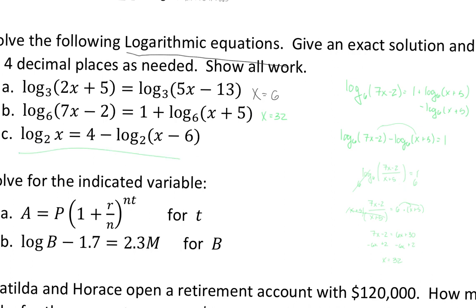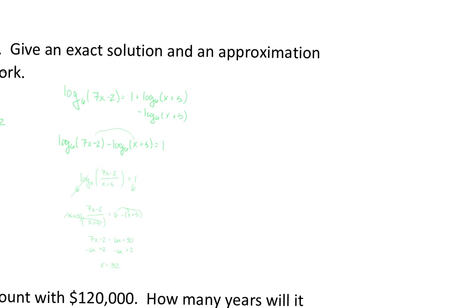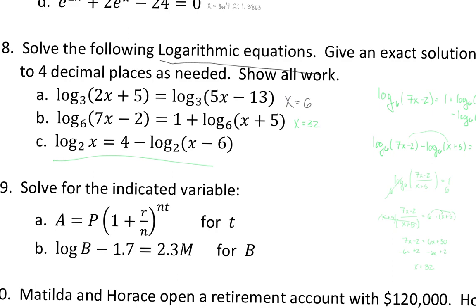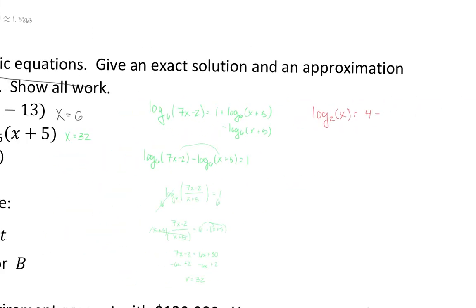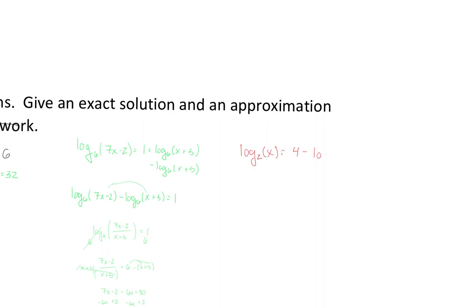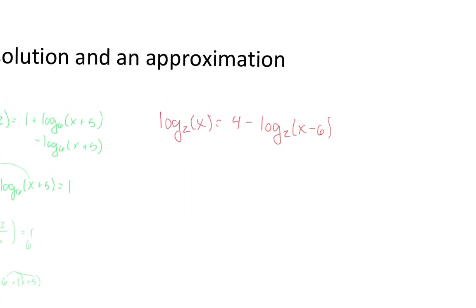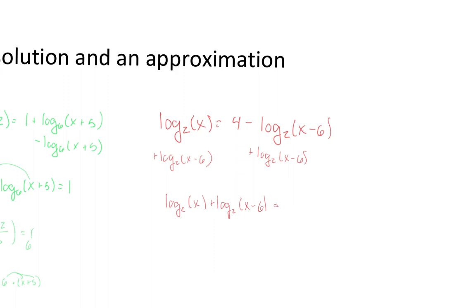Then moving on to the last one, I have log base 2 of x equal to 4 minus log base 2 of x minus 6. So I'm going to do something similar. I'm going to add log base 2 of x minus 6 to get log 2 of x plus log 2 of x minus 6 is equal to 4.